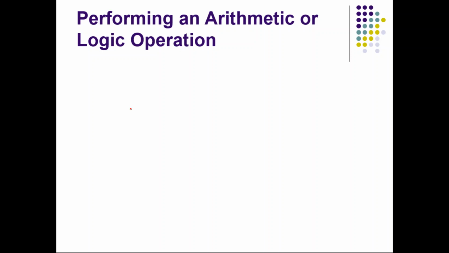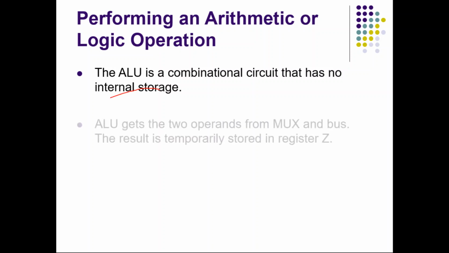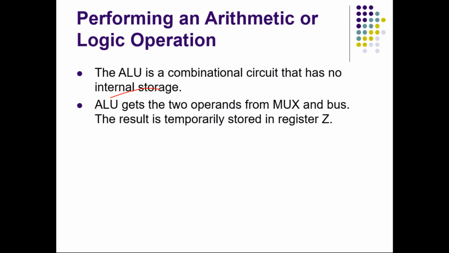The next thing we are going to discuss is how an arithmetic or logical operation is carried out. As we already discussed, arithmetic or logical operations are carried out by the ALU, and the ALU does not have any internal storage. If you recollect the previous diagram, the ALU takes two inputs, so basically it receives two operands.